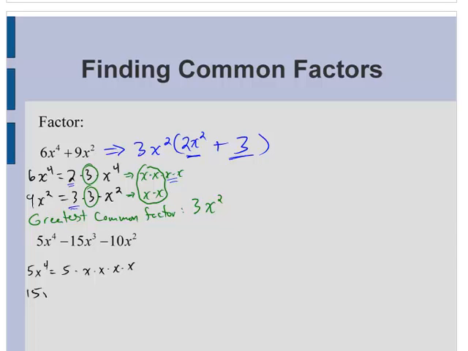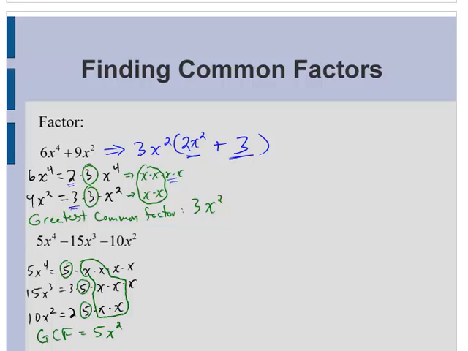The 15x cubed is 3 times 5 times x times x times x, and the 10x squared is 2 times 5 times x times x. Now we must find something in common with all three. The 5 is in common with all three, and 2 x's are in common among all three. So the GCF would be 5x squared.